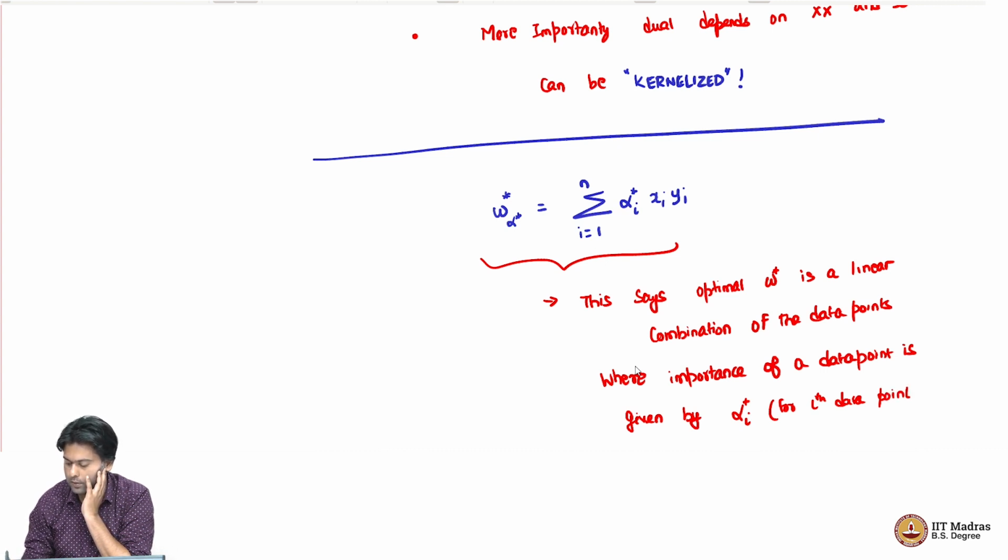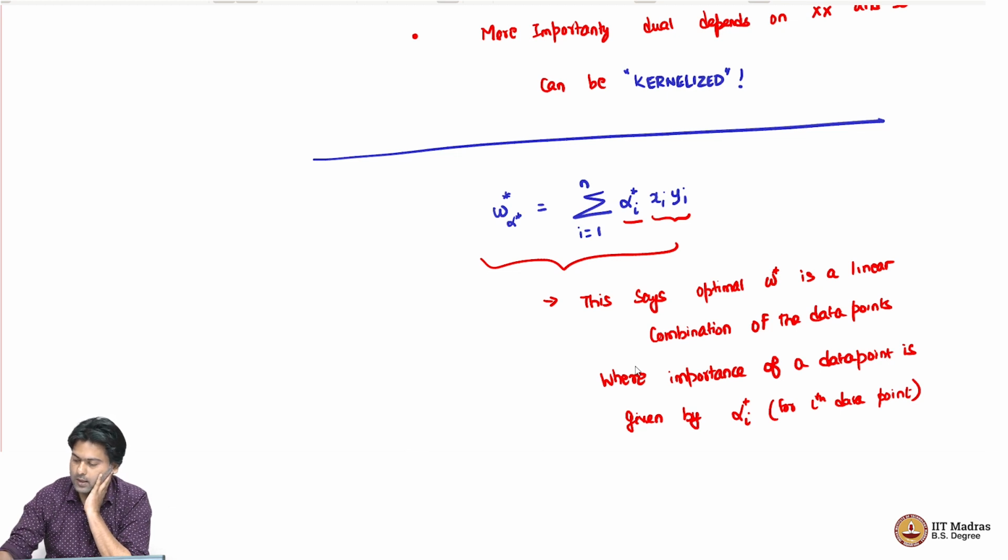So that's what this means. For your optimal w, how much a point x_i contributes is given by the corresponding alpha star_i. And if alpha star_i is 0, then that point does not contribute at all. And if alpha star_i is positive, then that point contributes something to w star. Because if alpha star_i is 0, then this x_i y_i does not contribute to w star.